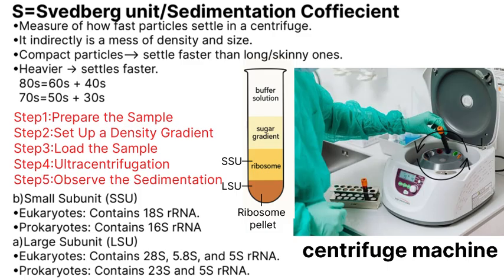Instead, scientists introduced a centrifugation technique where a centrifuge machine is used. It is basically a super fast spinning machine, mostly used in laboratories to separate plasma from whole blood and to separate sediments from urine. But in this lecture, we will use it to see how fast the ribosomes sediment.